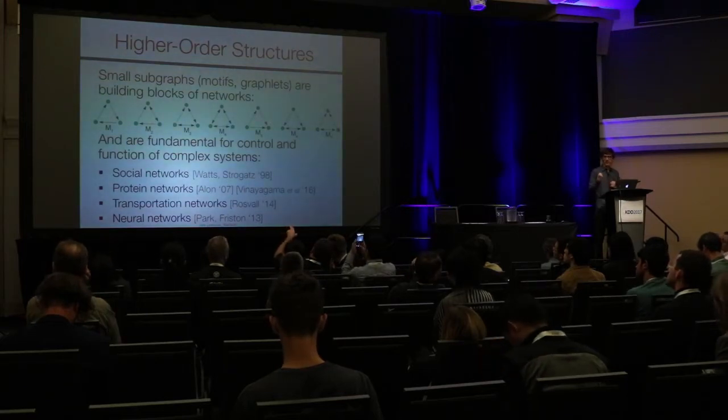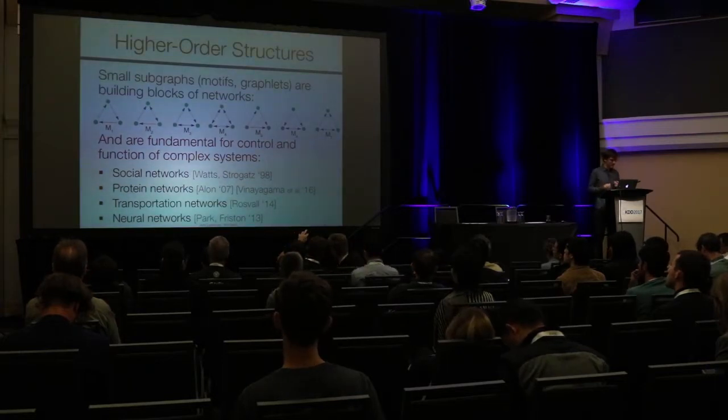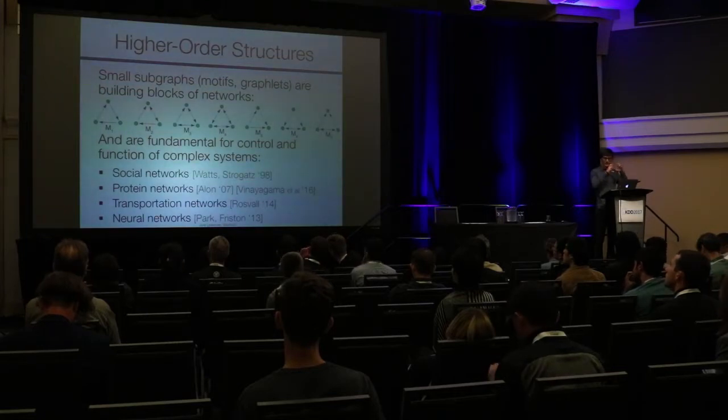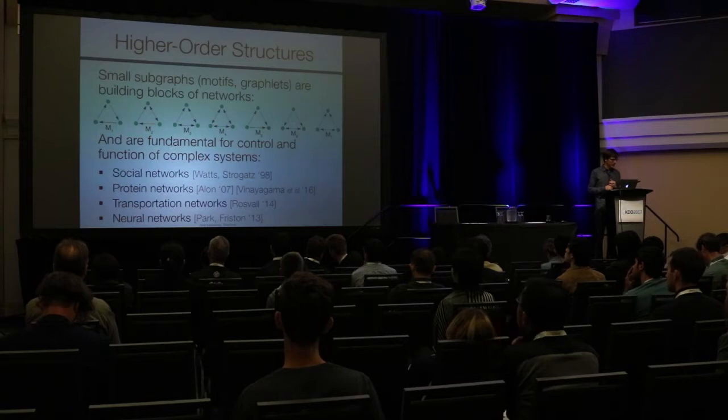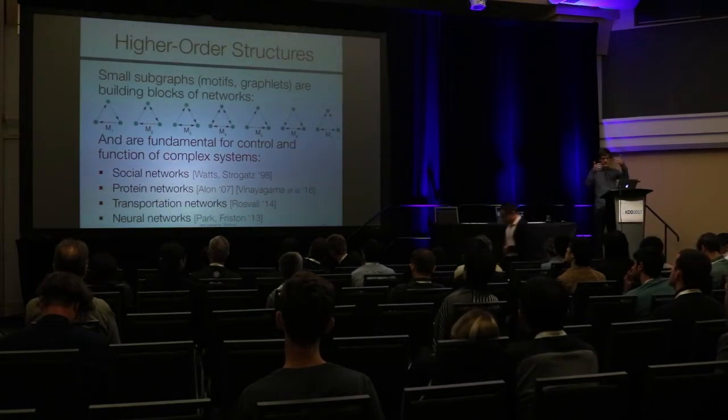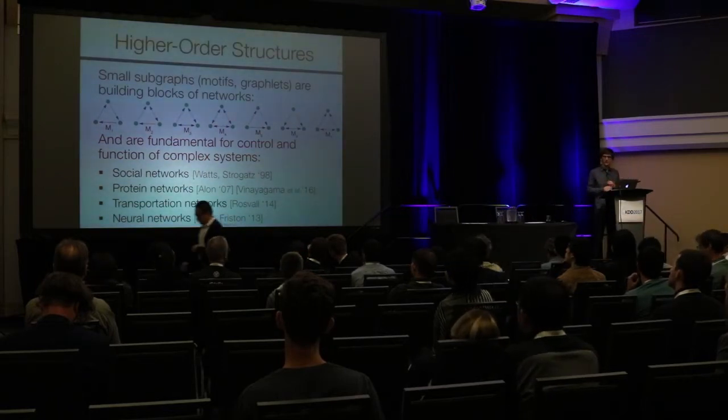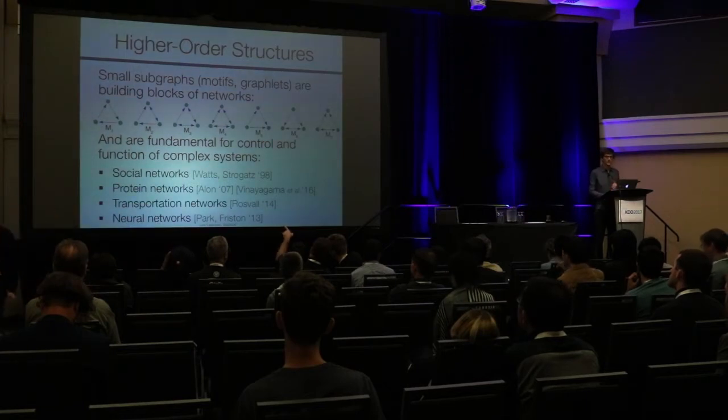So in social networks, we know triangles are important. In protein interaction networks, for example, some four-node substructures are very important. In neural networks, you have these feed-forward loops that become very important for the function of these networks.